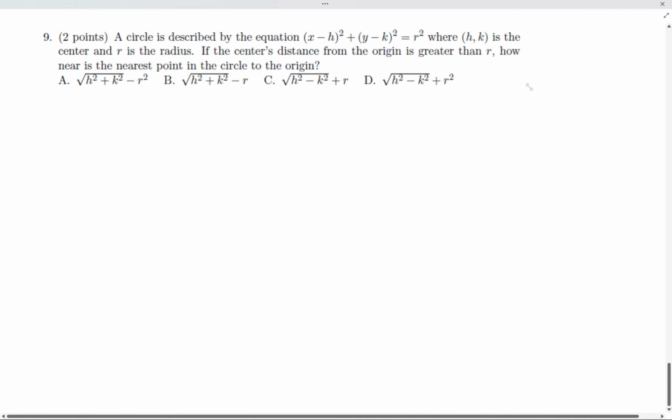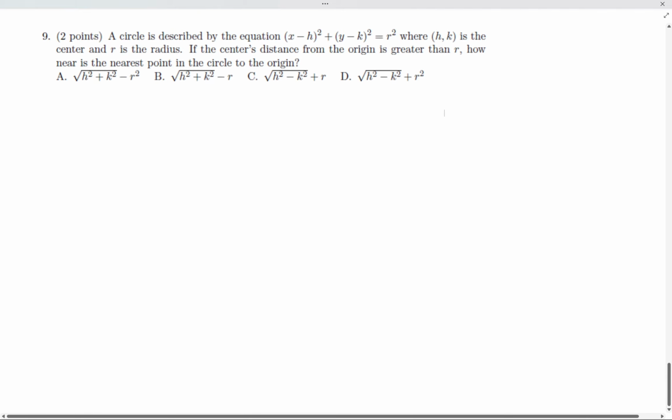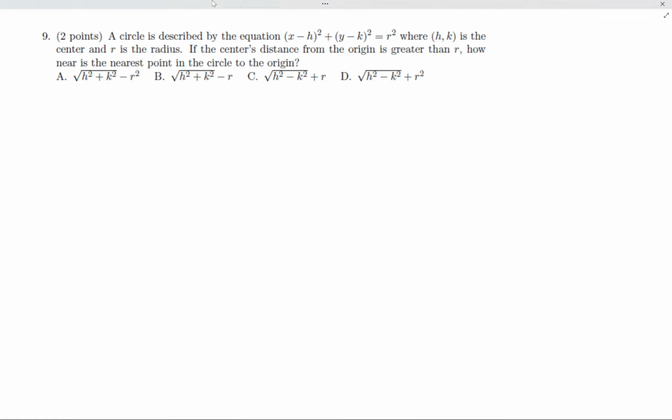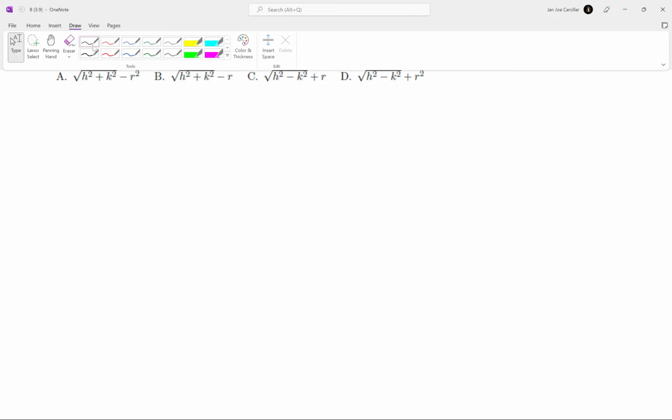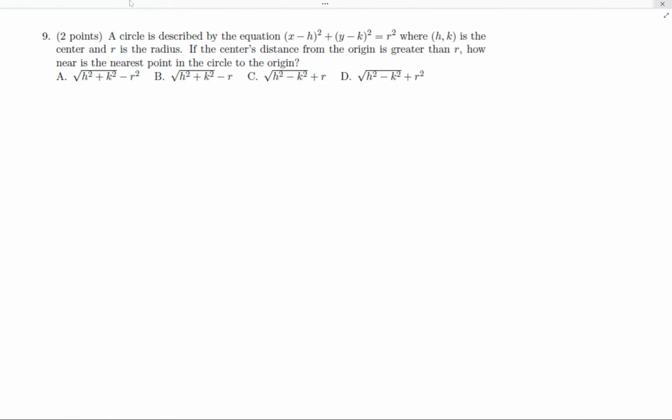A circle is described by the equation given there, or the standard form of a circle, where the center is at (h, k) and the radius is r. Now, if the center's distance from the origin is greater than r, how near is the nearest point in the circle to the origin? Now, there are a lot of words, so let's draw what this means.